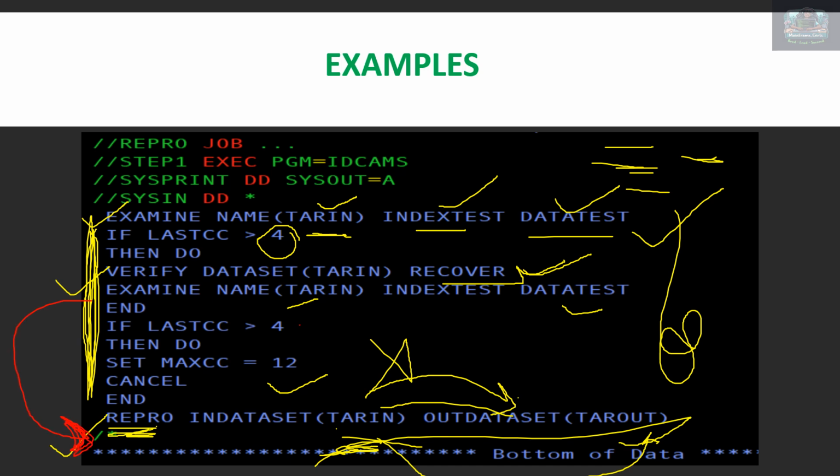Whatever you do here is mentioned in a single job, but normally you can run it in different jobs. You can run examine and verify in a single job, before doing any of the repro task or backup task or any other task. Just remember to always run an examine verify job before doing any work on your VSAM data set.